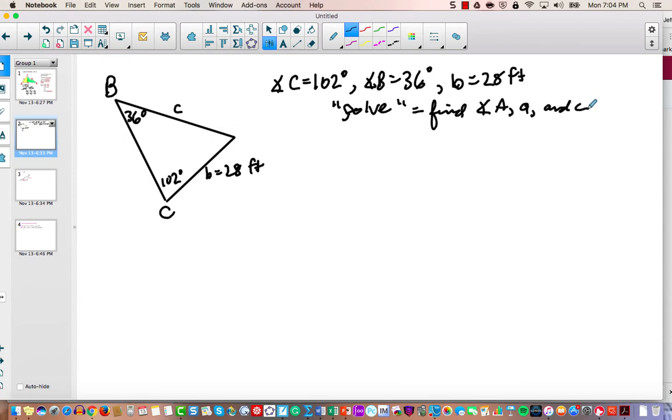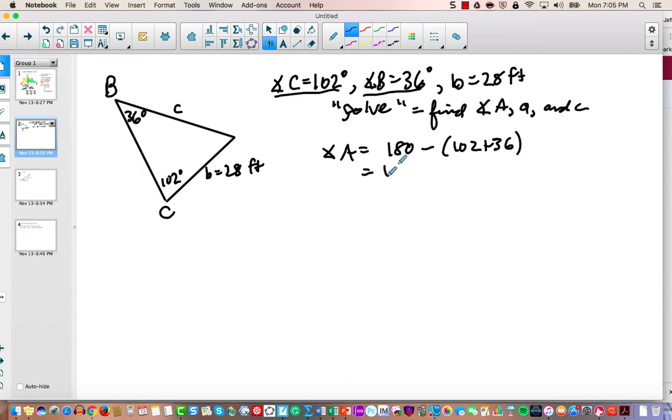Okay, so right off the bat, the first thing to find is going to be angle A, because we've got two angles, and we know how the three angles of a triangle are related. So angle A is going to be equal to 180 degrees minus the sum of 102 and 36, because the three angles of the triangle have to add up to 180 degrees.